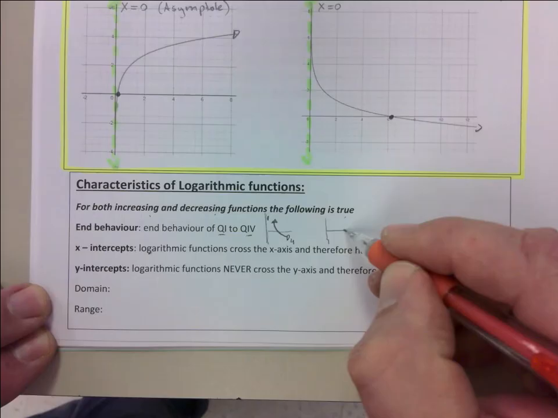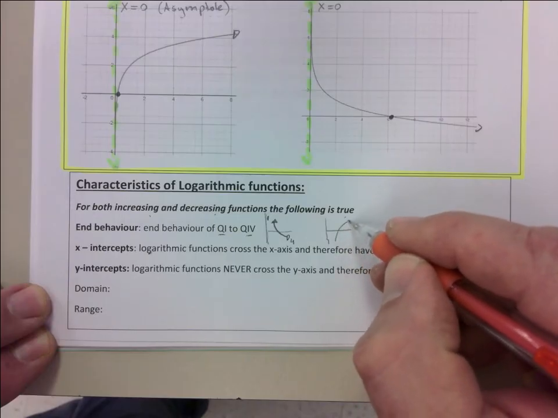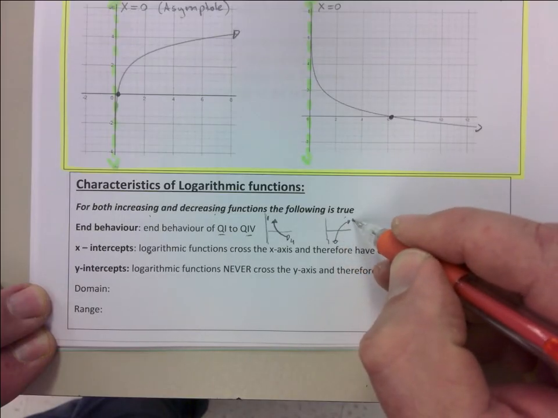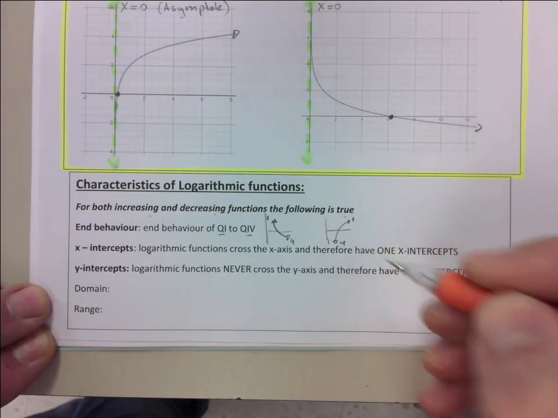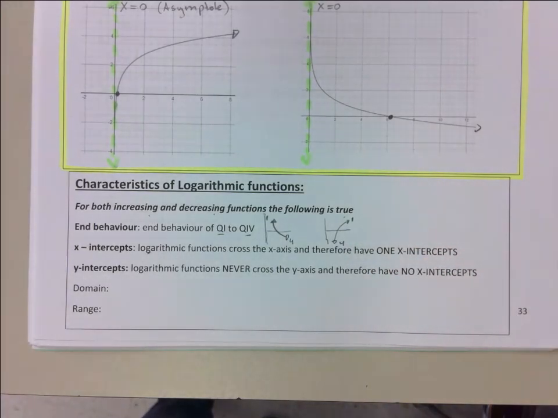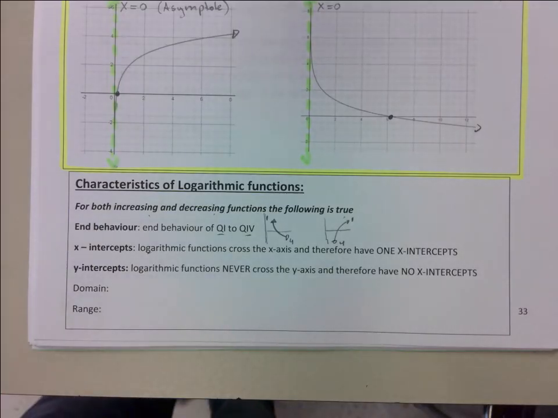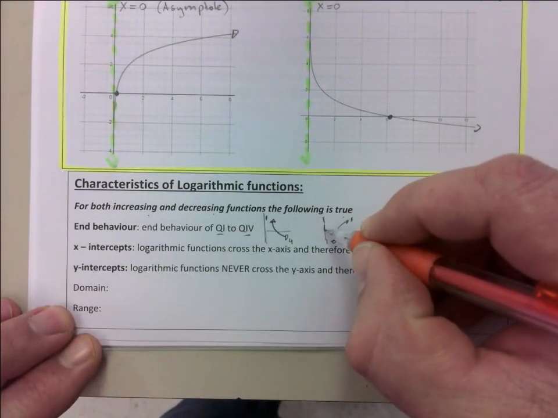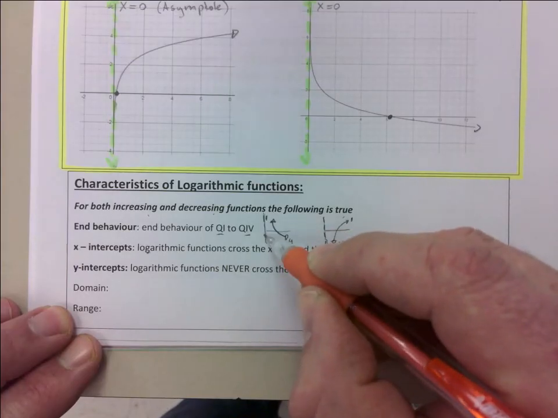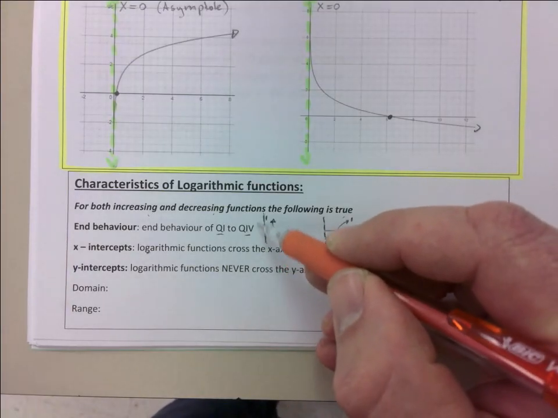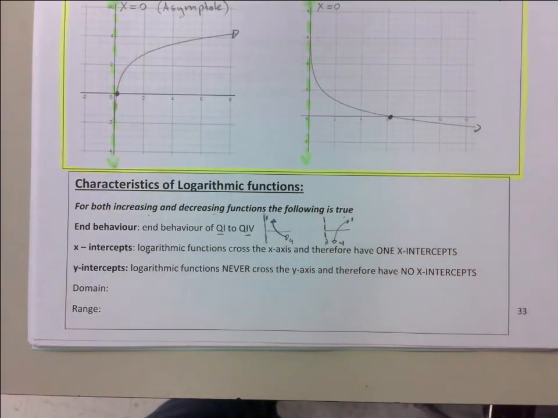Or if it's increasing, guess what? We're still going from 1 to 4. It doesn't matter which way you look at it. If it's increasing or decreasing, it never crosses here. Quadrants 2 and 3 are not even an option. It just never crosses there.